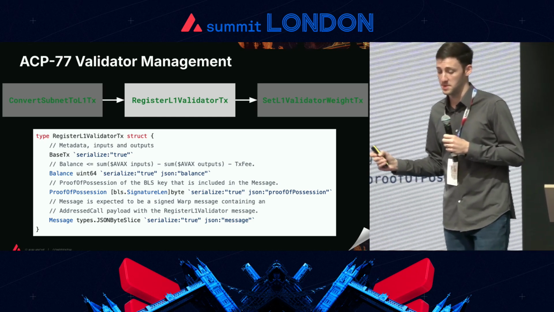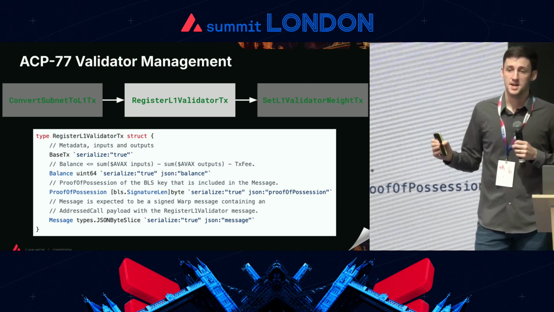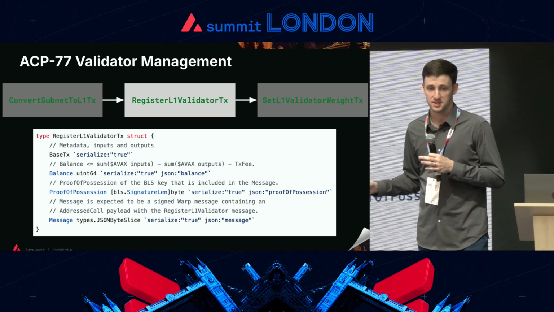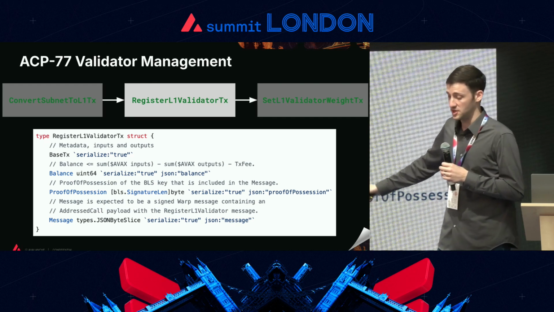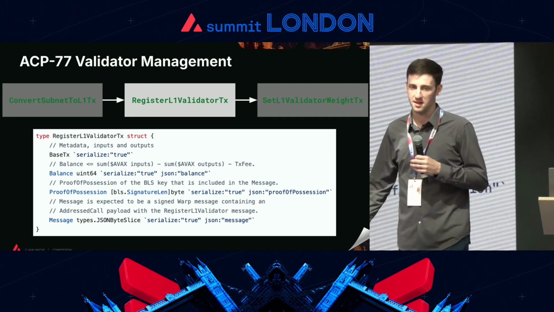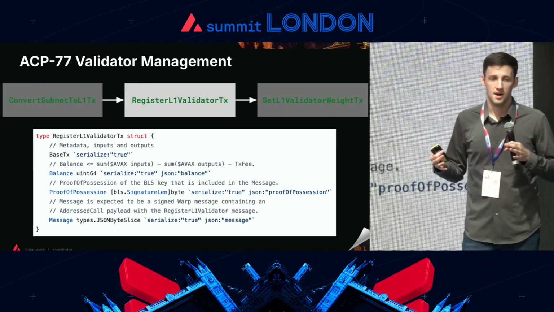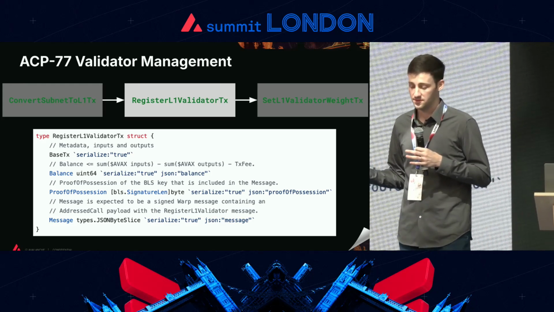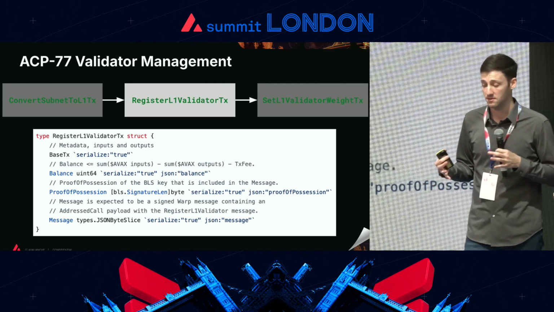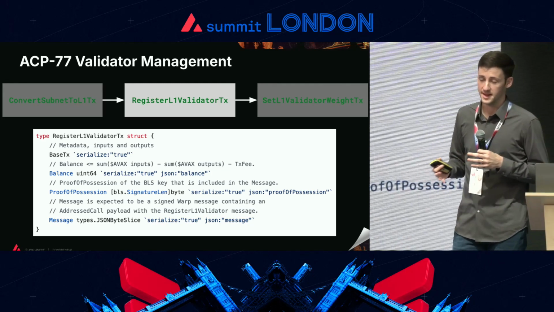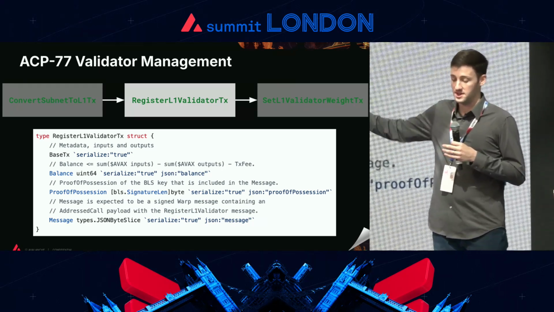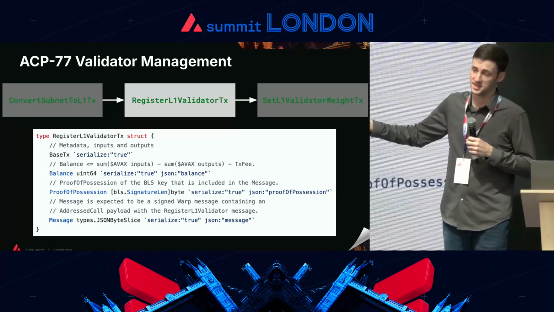What's interesting about this transaction is that not just a validator manager can send it. In fact, anyone can send these transactions on the P chain, but the message itself must be valid, which means it must have been signed by 67% or more of the existing weight of the L1, and it must have been sent by the validator manager specified in the convert subnet to L1 transaction.